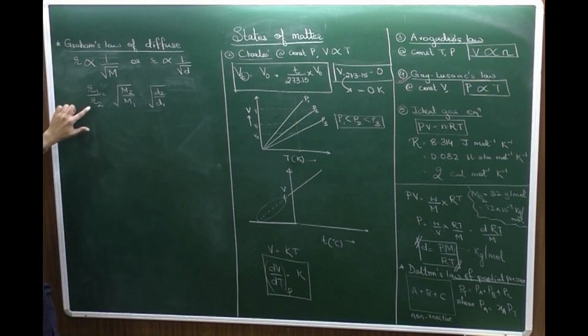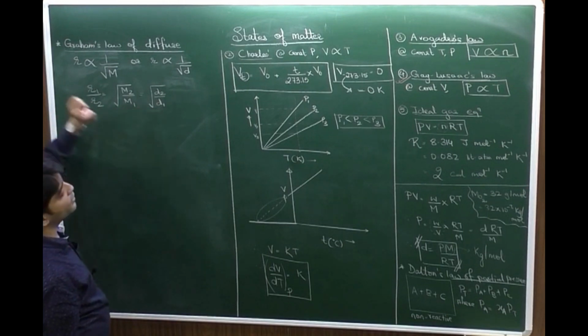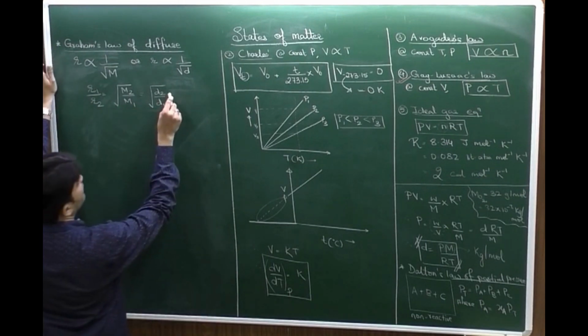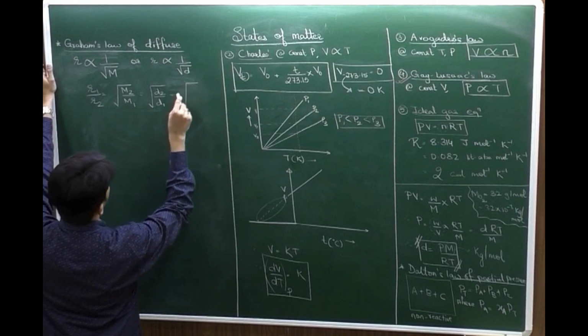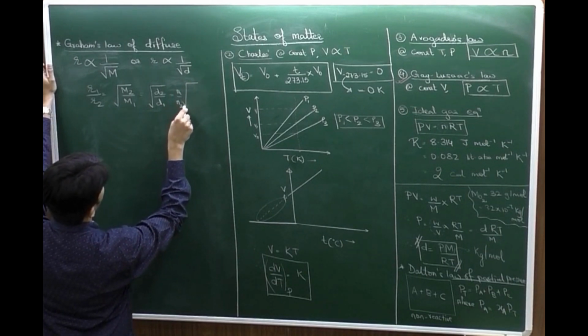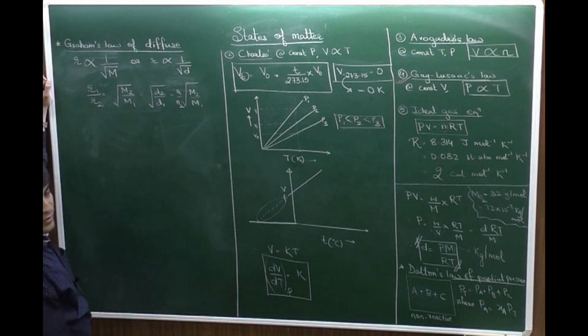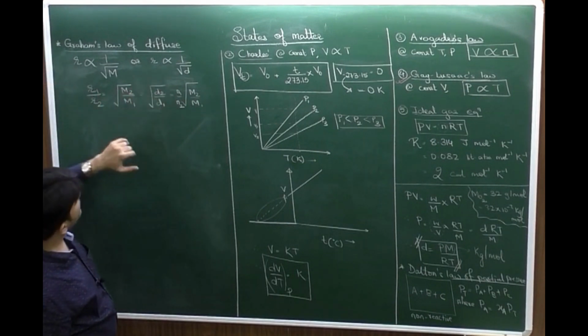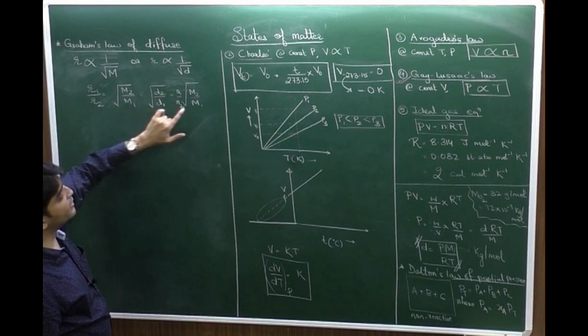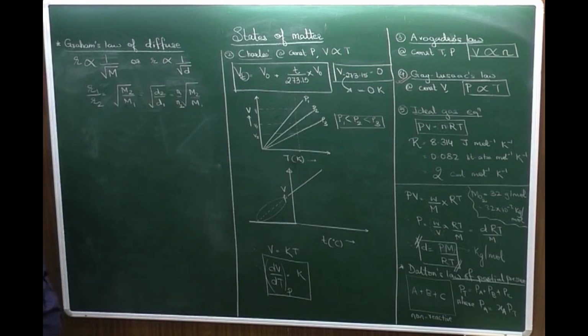Okay, so R1 by R2 is root of M2 by M1 or root of D2 by D1. If the number of moles are different, then it will be N1 by N2 into root of M2 by M1. If the number of moles are assumed to be the same, then it will reduce to this.